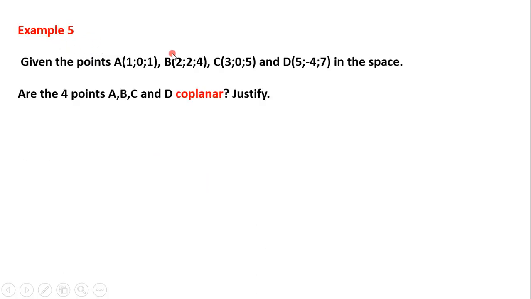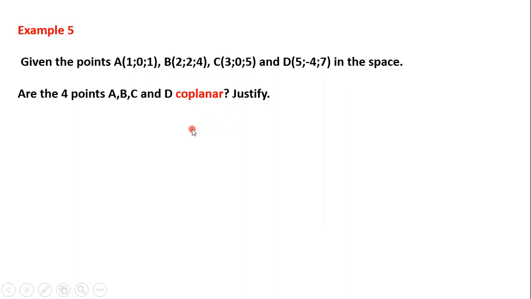Following example 5, we have 4 points. We have to verify whether the 4 points are coplanar. To do this exercise, we have to determine 3 vectors from the 4 points. Any 3 vectors, for example, vector AB, vector AC, and vector AD. Then we have to write 3 equations in terms of alpha and beta.